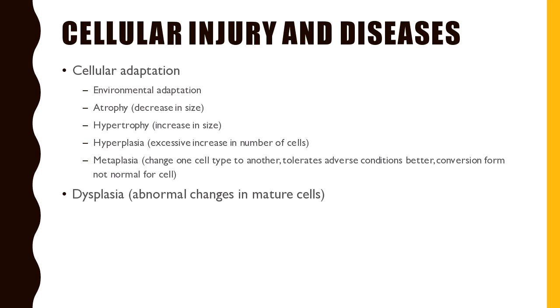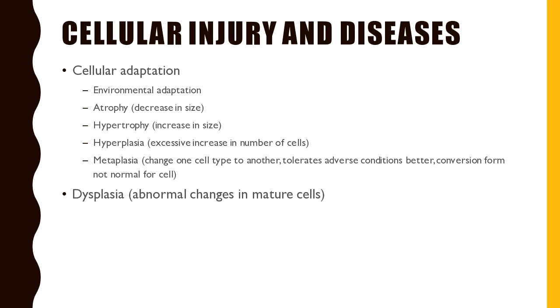Metaplasia is a change into an abnormal form for a particular type of cells. An example of metaplasia would be the bronchial lining. The cells that line your bronchial pathway should have cilia, and the cilia catch foreign particles.